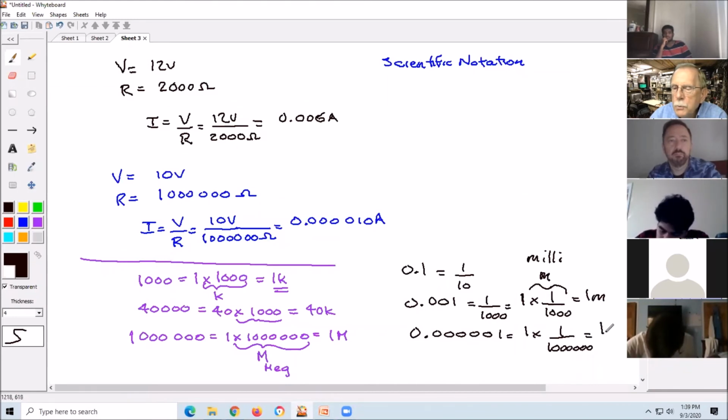The prefix we use for that is the Greek letter mu, which we write or speak as micro. So again, we have shorthand ways of writing very small numbers or very big numbers.